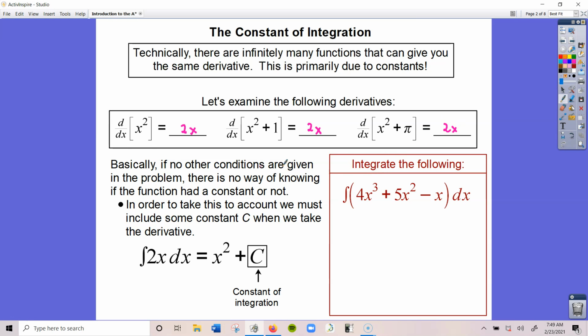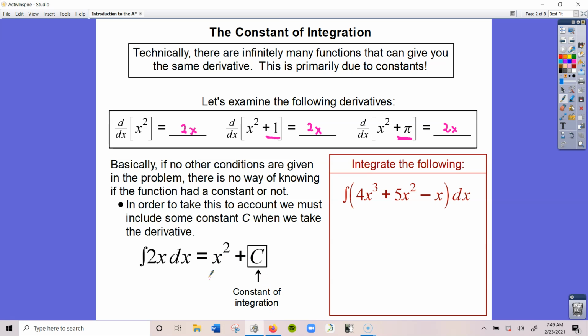Now here's the problem. When we integrate, we don't know if there was a constant that was added at the end, because when you integrate a derivative, it's not taking into account that particular constant. So whenever you are integrating a function, you always add a plus c at the end. This is the constant of integration.